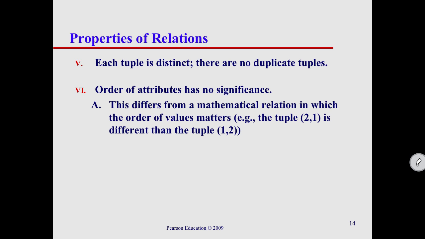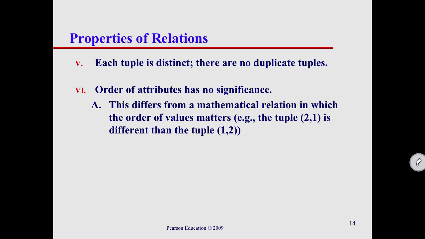If you have a staff relation and you have some fields like name, street address, even salary, you could end up with a duplicate. So one reason you have artificial keys is that sometimes it's the only thing that makes 2 tuples distinct in a relation. So that's a hard and fast rule.